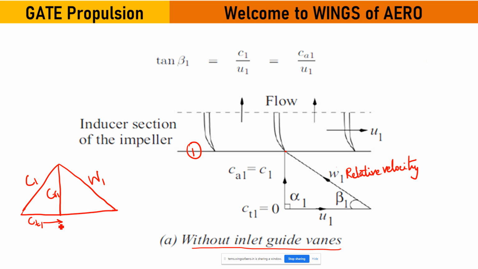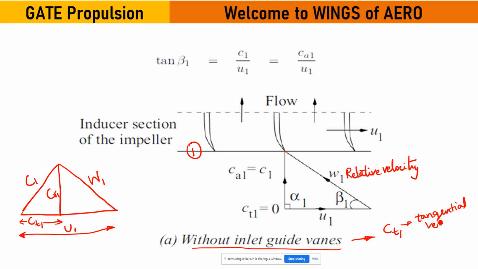Only this much we will have. Then from here to here we will have our U1, right? Now in this condition, please note down very carefully, when it is without inlet guided vanes, what happens? CT1, or we can say the tangential component, what is CT1?